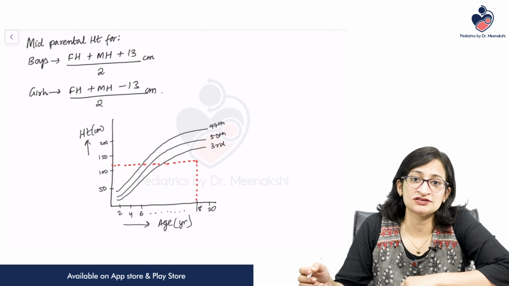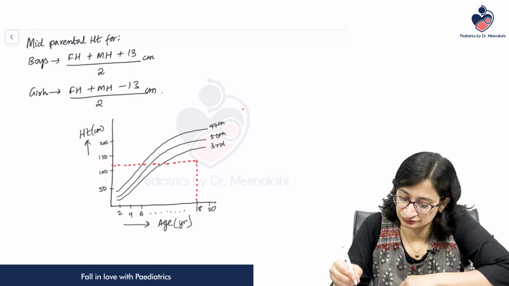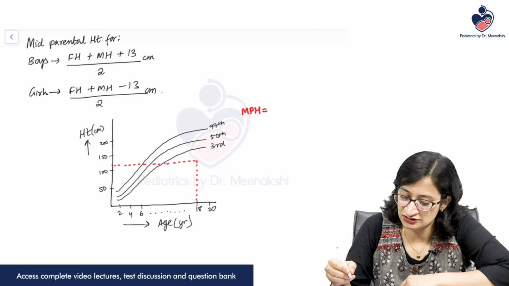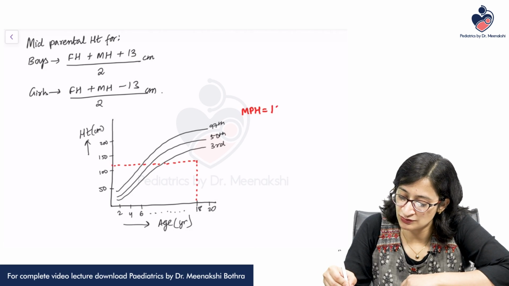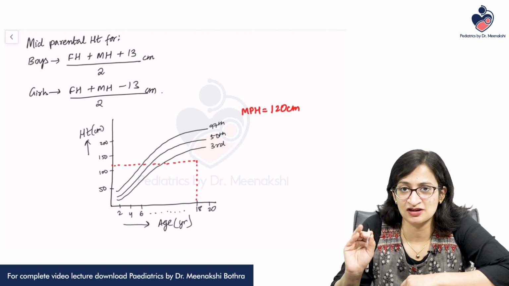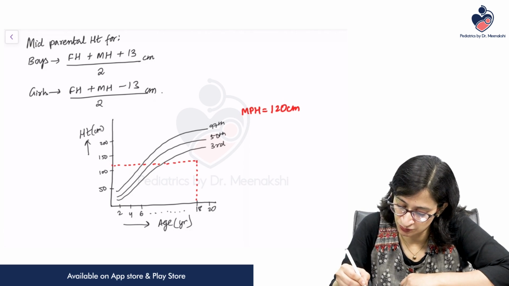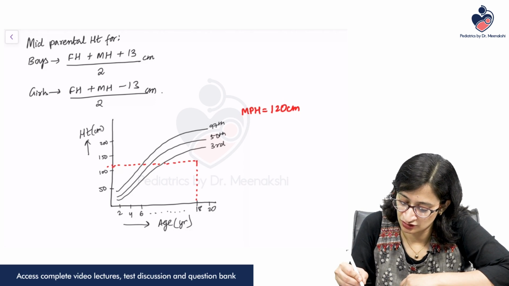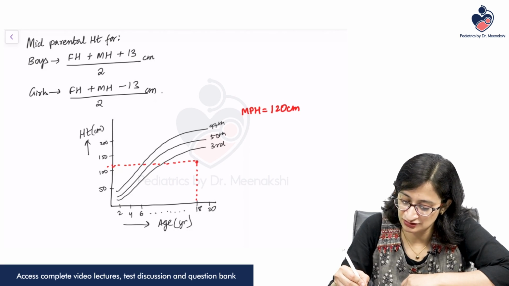So just to give you an example, suppose the mid-parental height of a child, you calculate it and it is coming to around 120 centimeters, just for an example, hypothetical. Okay. So it is falling here. If you plot it at 18 years of age, so 120 centimeters. From 18 years of age, it will fall here, right?